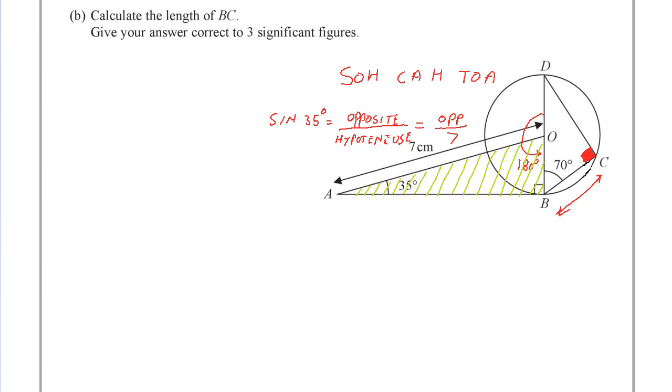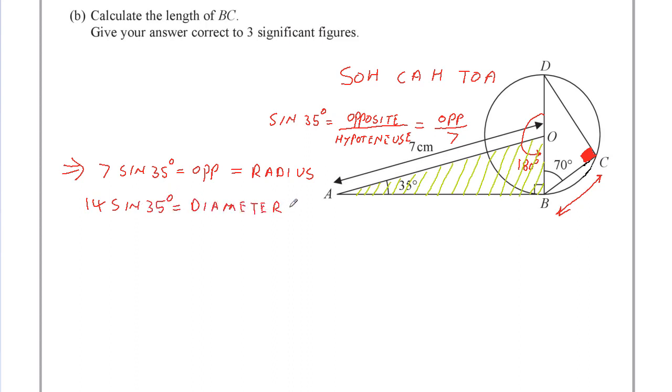And bringing the 7 to this side gives 7 times sine 35 equals the opposite, which is the radius. And twice the radius is the diameter, so 14 sine 35 equals the diameter, BD. Okay, for now I will leave the diameter just like that, rather than calculate it.